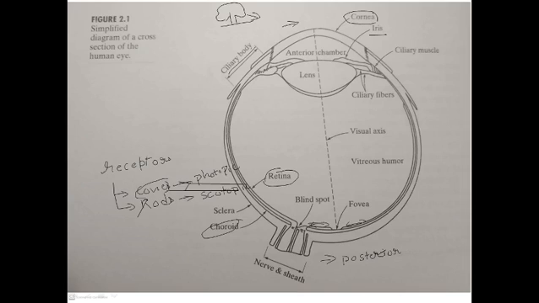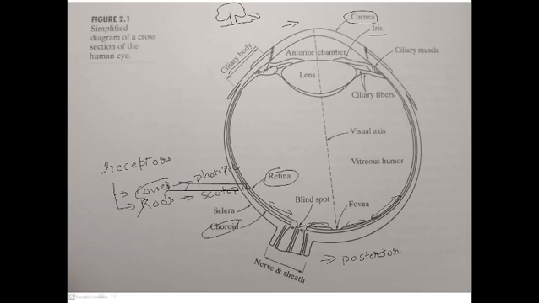At the outermost boundary, we have the rods. You just need to remember that cones are responsible for photopic vision and rods are responsible for scotopic vision. Photopic means in the presence of brightness, scotopic means in darkness.